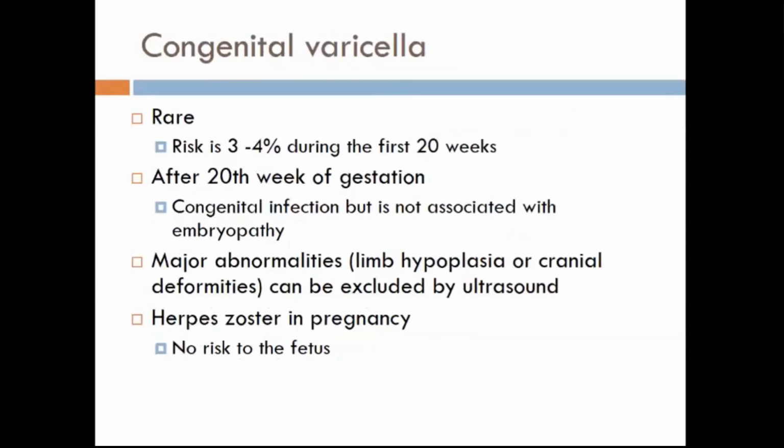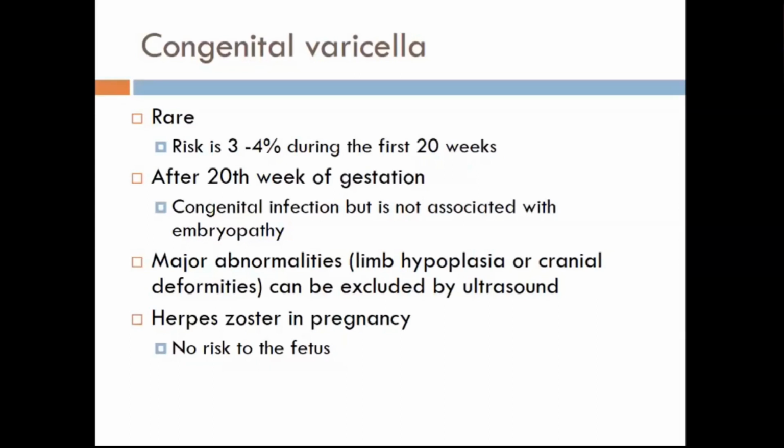Again, remember that for all teratogens, the risk does not cross beyond 15-20%. So please don't ask all pregnant women to abort a pregnancy if there is no phenotypic effect, which you can check. After 20 weeks of gestation, congenital infection is not associated with embryopathy, but the baby might have respiratory distress after birth, just pneumonia, varicella pneumonia after birth.